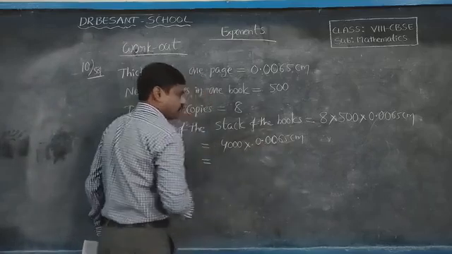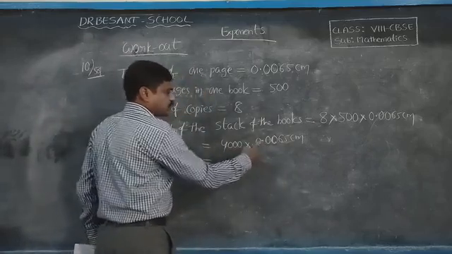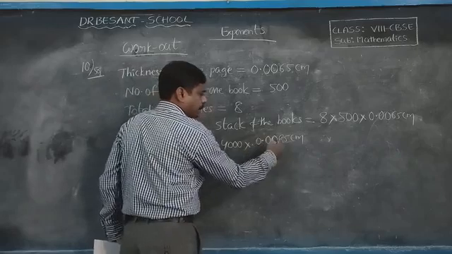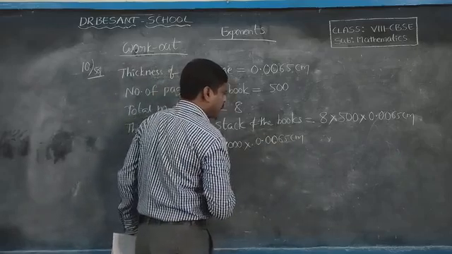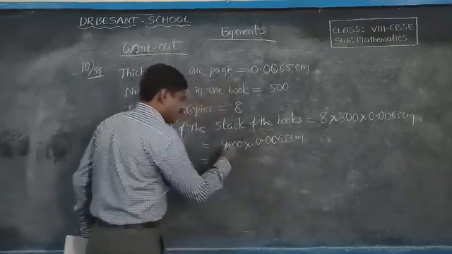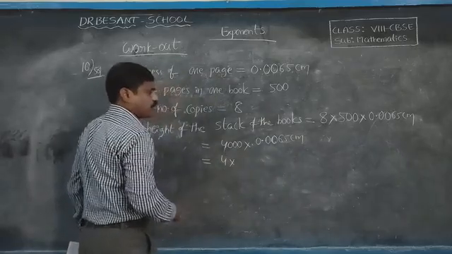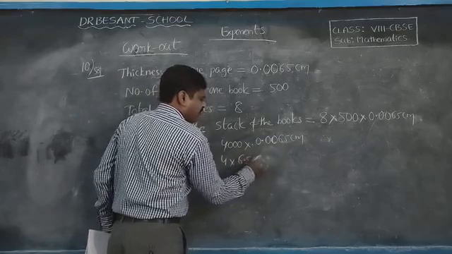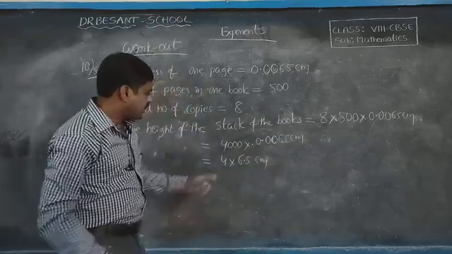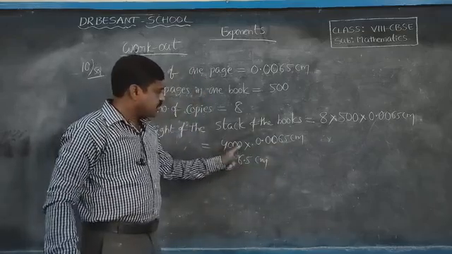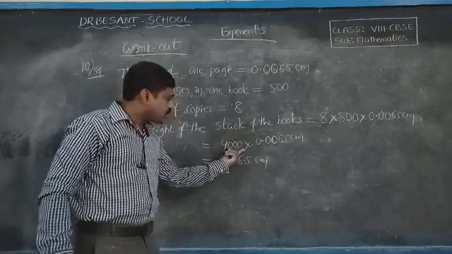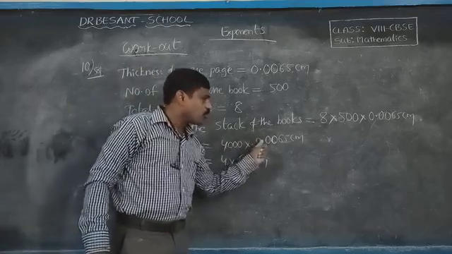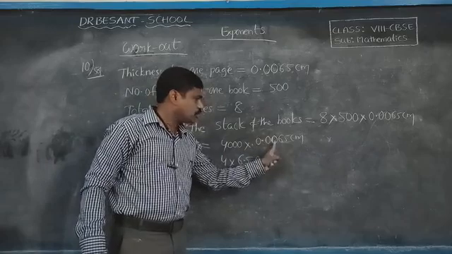So simply we can understand, after decimal 1, 2, 3, 4. So 3 zeros, the decimal will move 3 places. That is equal to 4 into 6.5 centimeter. While we are removing 3 zeros, the decimal we have to move 3 places. 1, 2, 3.